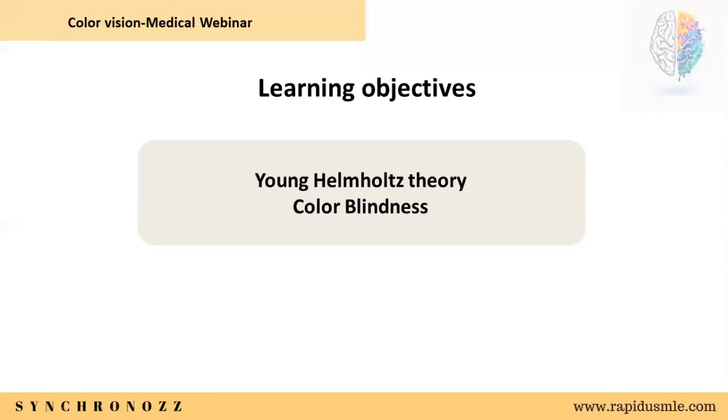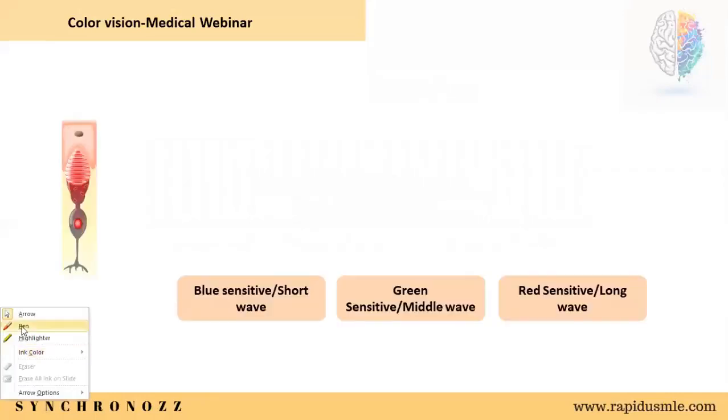To begin with, color vision is because of cones. As you already know, we have two kinds of photoreceptors inside the retina. One is rods and the other is cones.